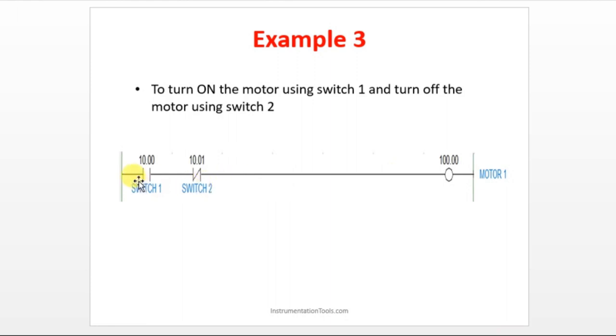So what will happen? Switch 1 is on, so the power is running from left to right and the motor is on. If you disturb switch 2, what is the feature of normally closed contact? Initially it will allow the power to get in, but if you disturb it, the contact will break. So the motor will be in off condition.